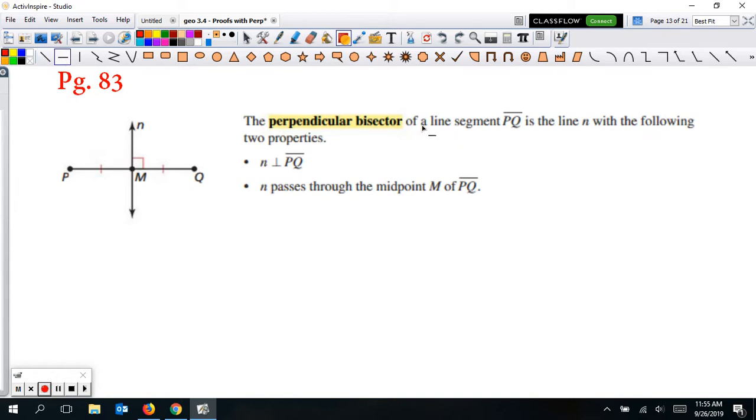The perpendicular bisector of PQ is the line with the following 2 properties. So you want to say, okay, these 2 properties here, N is perpendicular to PQ, right there, that's what you say, and then N passes through the midpoint, M, of PQ. So it's going to go through the midpoint. That makes it a bisector, and it's also going to be perpendicular. That makes it a perpendicular bisector.